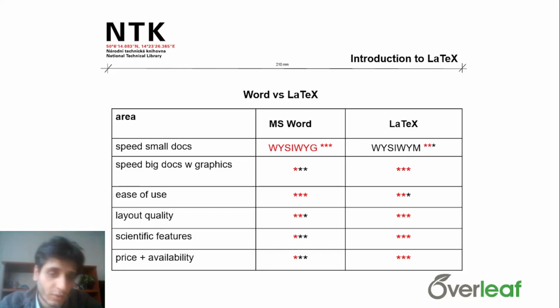So LaTeX is suitable to deal with scientific features, while Word can use scientific features, but it needs more time because it's not suitable for scientific features.